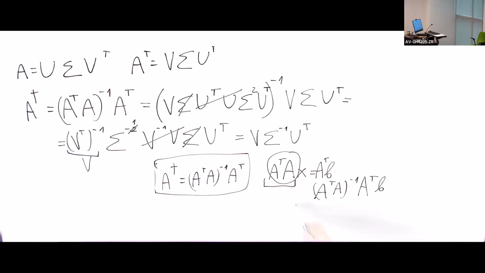Here you will have X left. This is the formula for least squares. So all you need to remember: multiply from left by A transpose to make that invertible, and then get rid of that entire thing, which is invertible, by inverting it. That's it. This is a derivation that you need to remember. So this is very simple to get to that formula, even if you don't remember it at all.